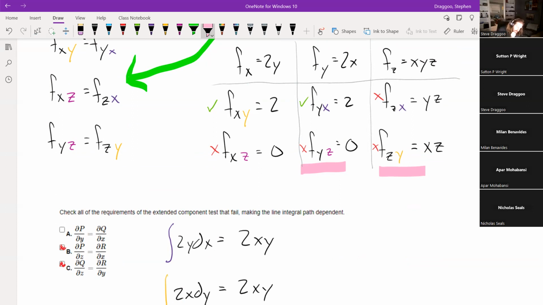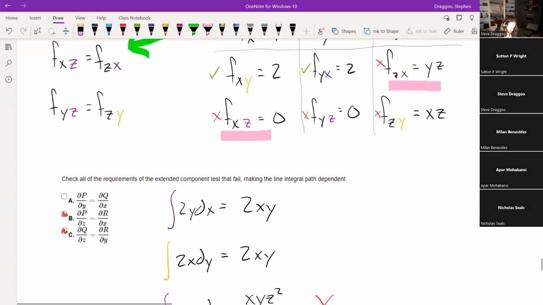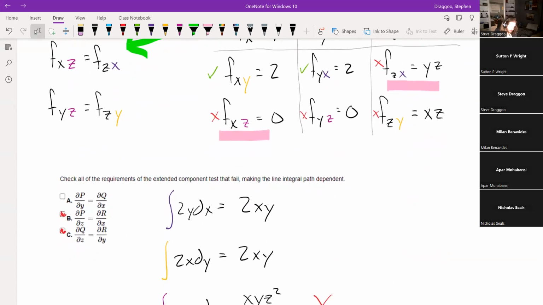I also looked at the xz partial and the zx partial and saw that those weren't equal either. So when I'm identifying which pieces didn't work out, it was the xz partial and the yz partial. So I just picked the second two options. If I looked at xy and yx, I got that both of them were 2.